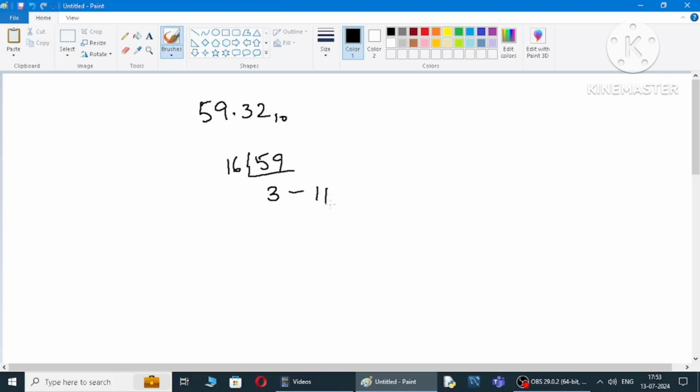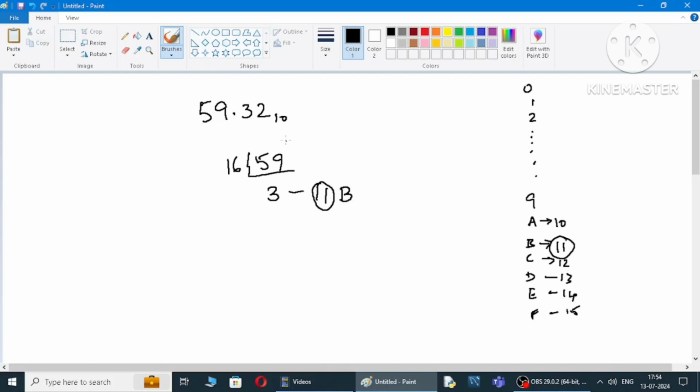Now if you remember, we have 0, 1, 2, 3, 4, 5, 6, 7, 8, 9 followed by A, B, C, D, E, F. So after 9 comes A. So you can consider A as number 10, B as 11, C is 12, 13, 14 and 15. So B's value is 11. So this 11 can be written as B. So the hexadecimal equivalent of 59 is 3B.